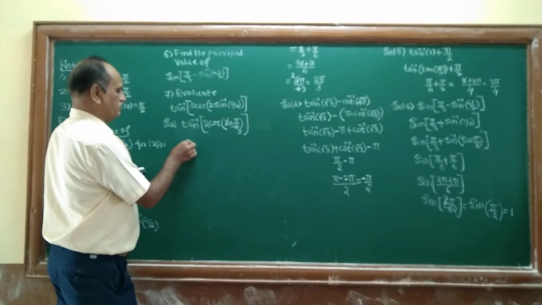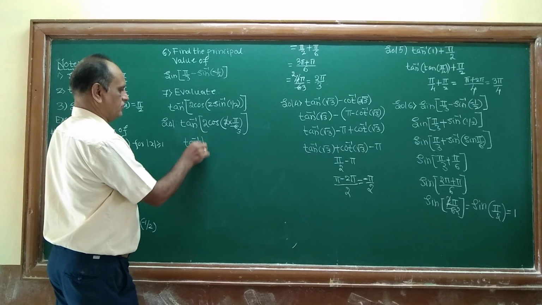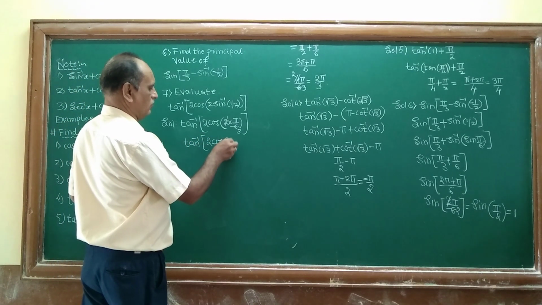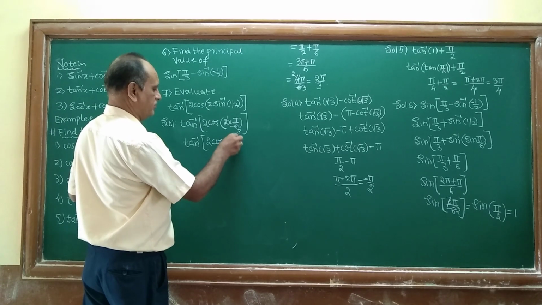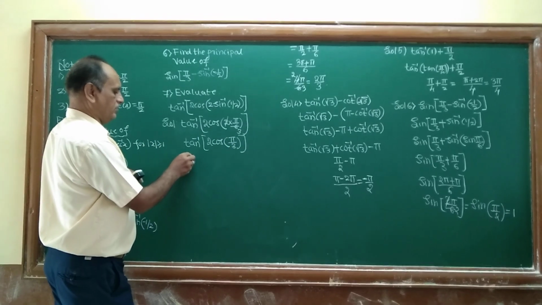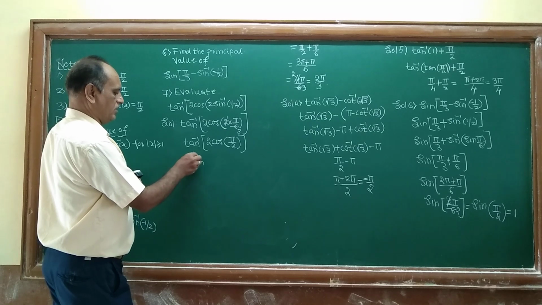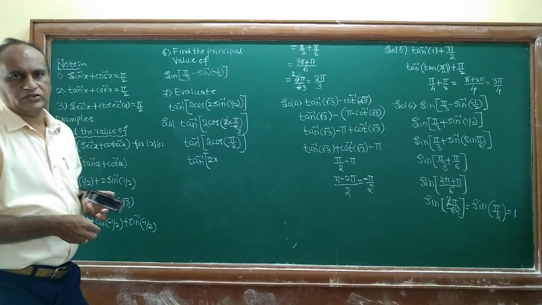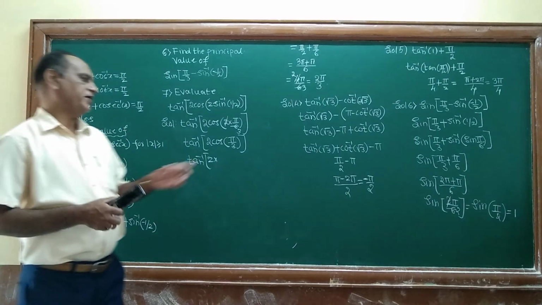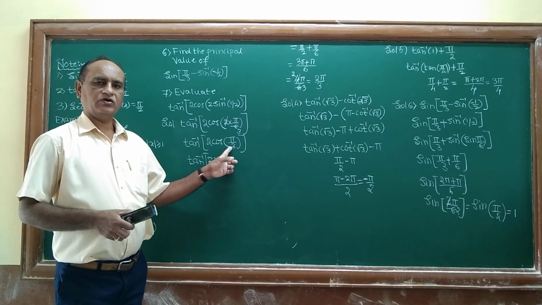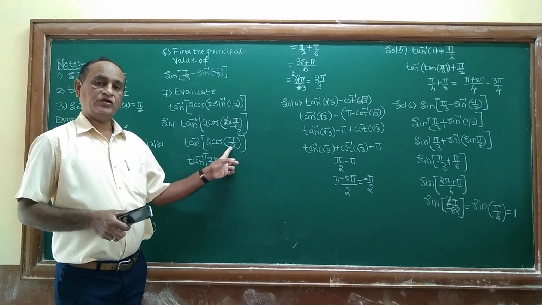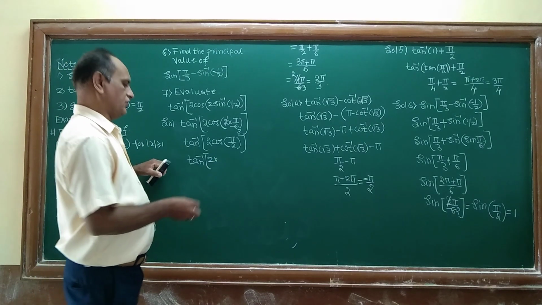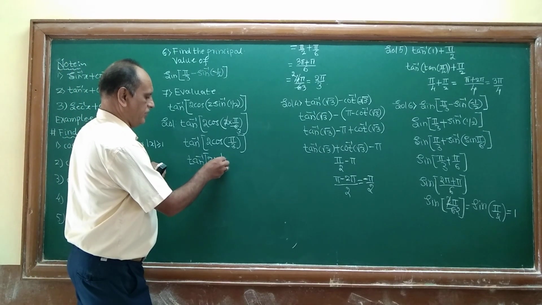So again, write in the simplest form: tan inverse of 2 into cos of pi by 3. Again simplify: tan inverse of 2 into cos 60, since pi by 3 means 60 degrees. Cos 60 is 1 divided by 2.